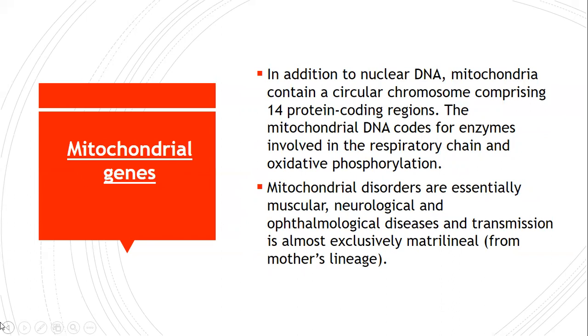Mitochondrial genes. In addition to nuclear DNA, mitochondria contain a circular chromosome comprising 14 protein coding regions. The mitochondrial DNA codes for enzymes involved in the respiratory chain and oxidative phosphorylation. So the mitochondrial disorders are essentially muscular, neurological, and ophthalmological diseases, and transmission is almost exclusively matrilineal, that is, from the mother's lineage.